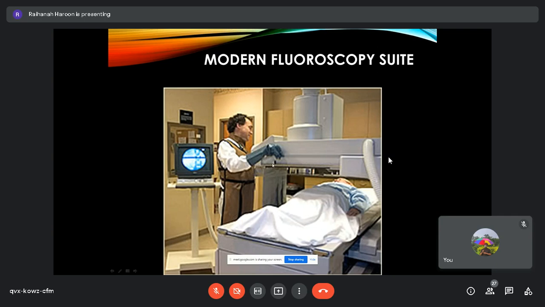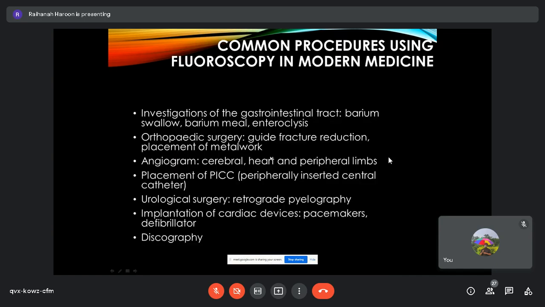He screens, and when he sees a good picture, or for example in a barium swallow when he asks the patient to swallow the contrast, he takes the image in video form, because it's a very fast image. You see fluid flowing, you see the movement of the esophagus and so on.